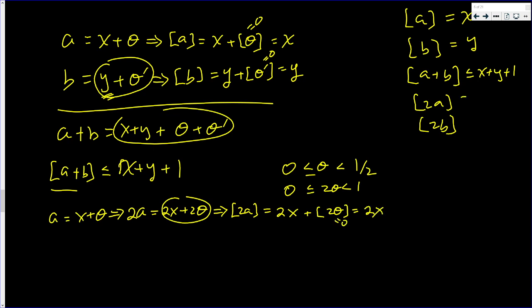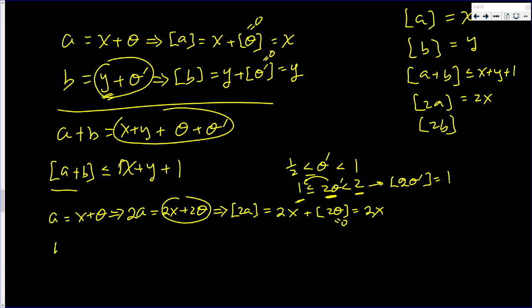So you just get 2x. Now, we know that theta prime is in between a half and 1. Now, if you multiply by 2, you get 1 and 2. This tells us that the greatest integer of 2 theta prime is 1. It's between, this here, 2 theta prime, is in between 2 consecutive integers. So the greatest integer of 2 theta prime is the smaller number.